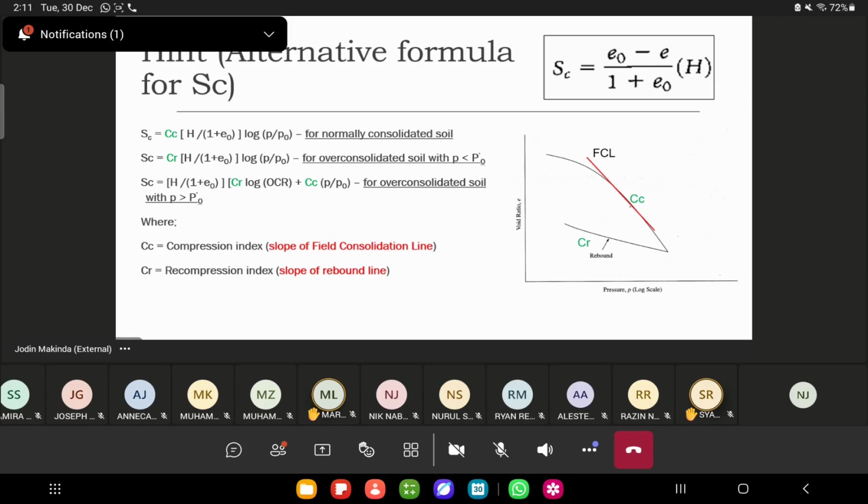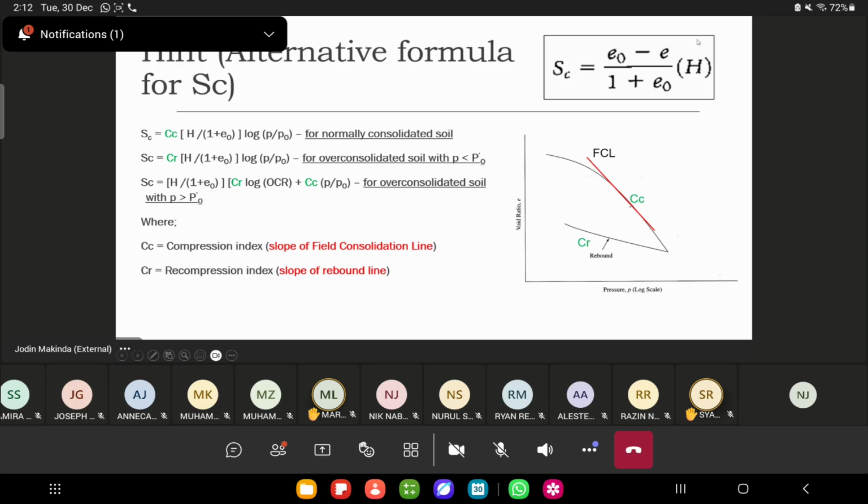So if we look into lecture 2, we focus on how you can calculate SC, which is the total settlement, if we know the layer profile of the site, and if we know the FCL graph, which is the field consolidation line.